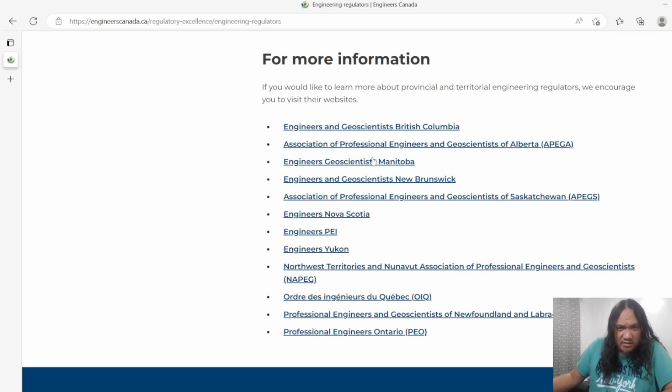So if you are moving to Alberta, then you should check the Association of Professional Engineers and Scientists of Alberta, or APEGA.